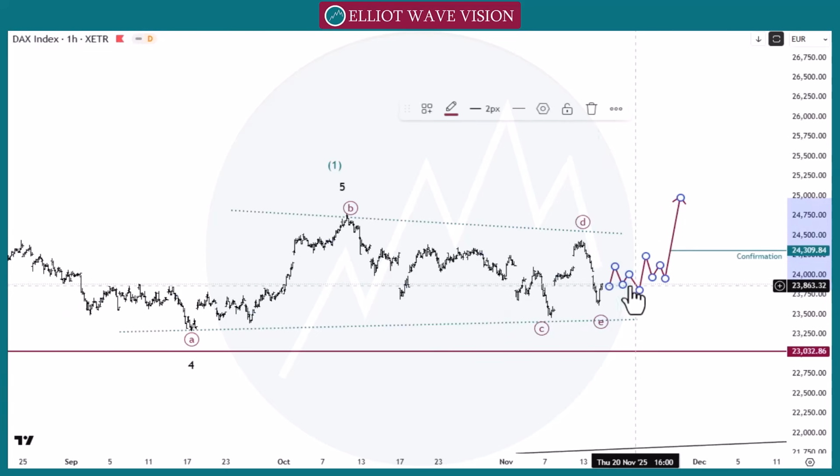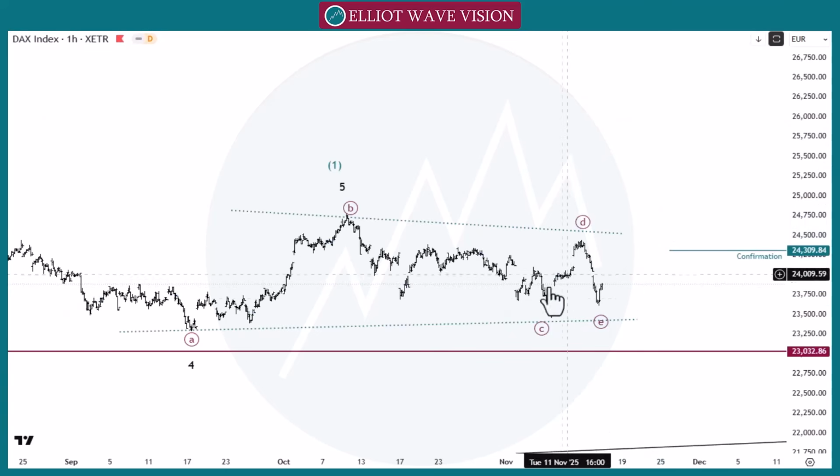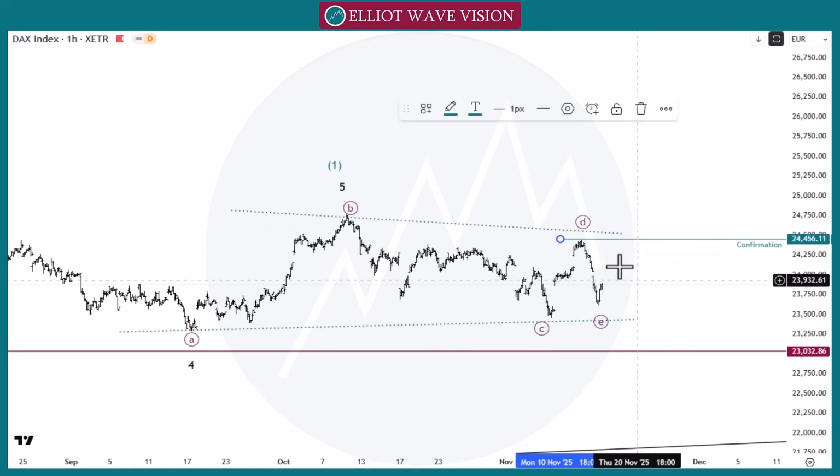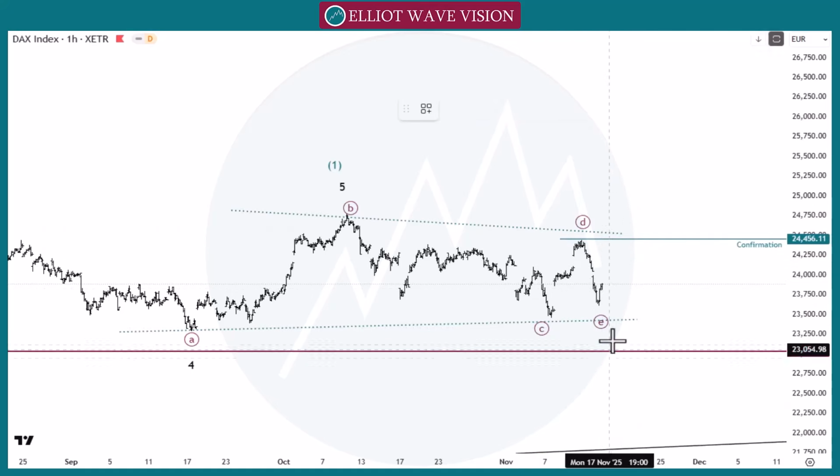Or if we are looking for the clear setup, we need to wait for this wave D. The market needs to cross this wave D to confirm that the market is ready to go towards the bullish side. So when the market completes its cross of this wave D, then the market gives us the pattern.